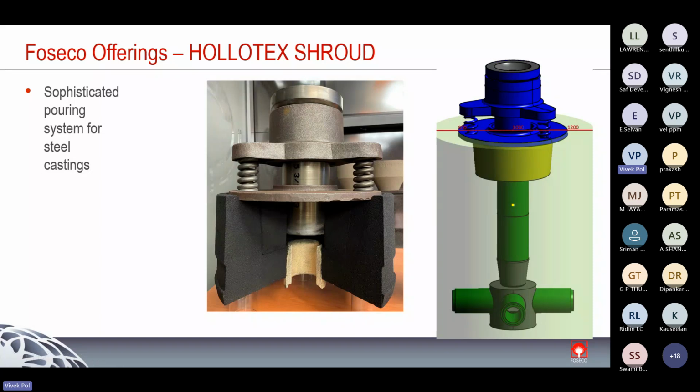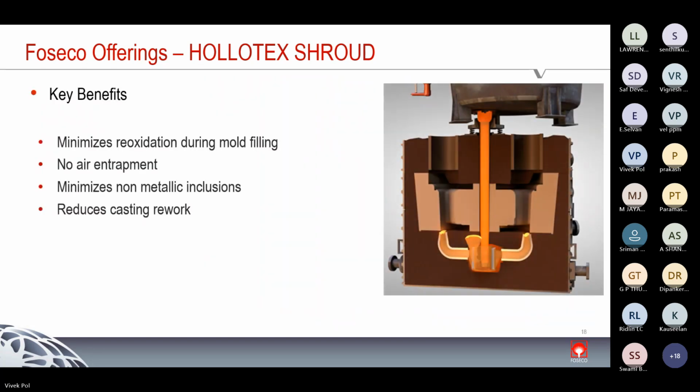Unlike the conventional method, which is non-pressurized. Okay, so the Holotech shroud is an extended technology of the rotoclean process wherein it helps to avoid reoxidation losses during pouring. And the benefit: no air entrapment, no reoxidation. So it minimizes or eliminates inclusions and reduces the casting rework time.